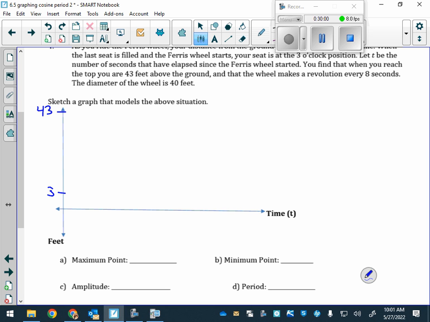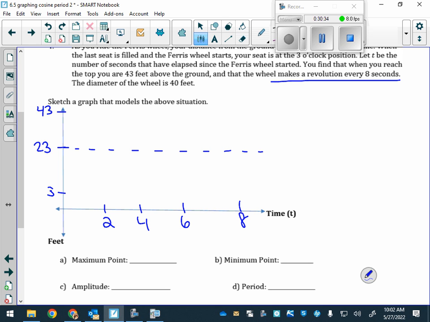Go ahead, Eleanor. The period is 8. So what would my increments be? Okay. What else do we need? Go ahead, Catherine. Good. The midline is 23. You divide the period by 4, always. The period makes 1 revolution, 8 seconds.